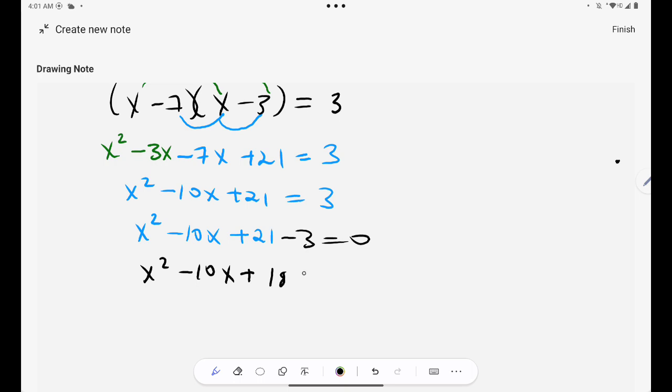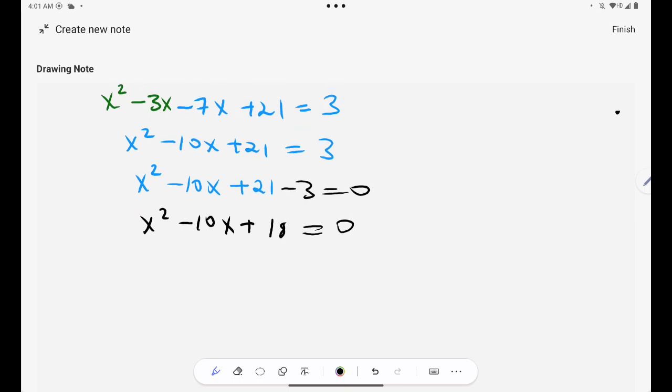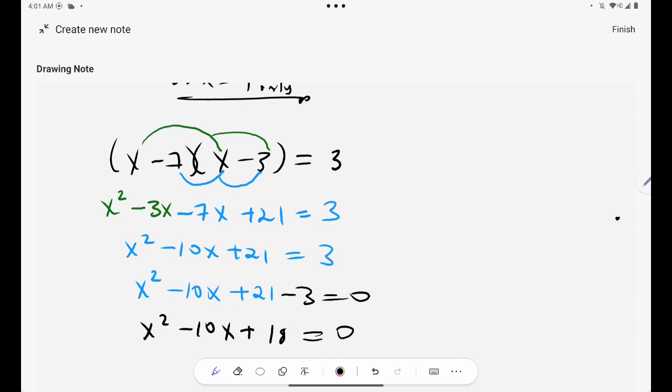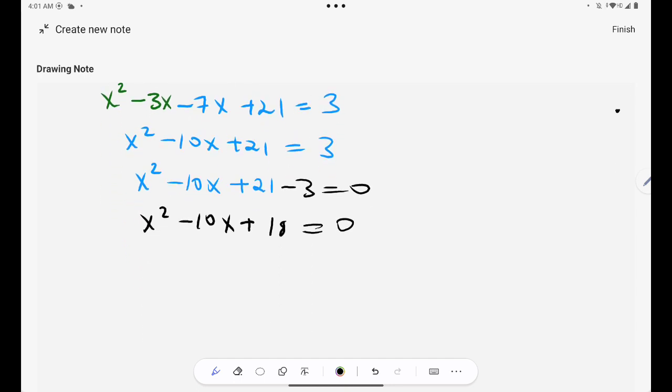Is it 18? Are you together? So in this case, I wrote this thing incorrectly, but it's fine.